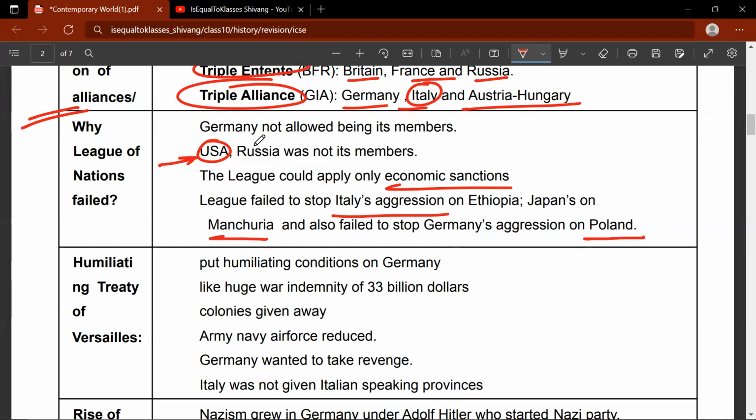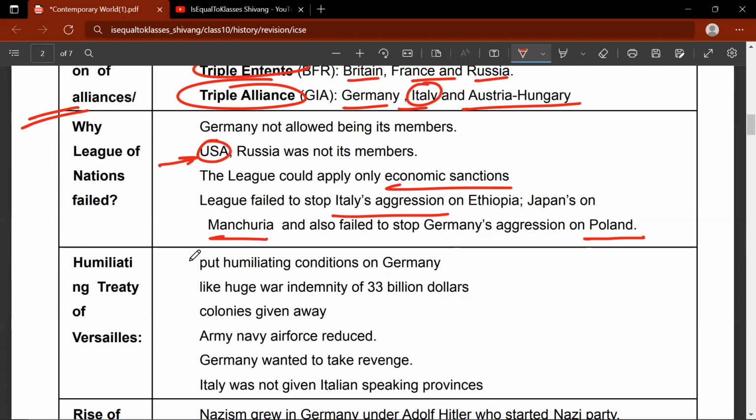If you look at the United Nations today, it consists of all major world powers, the US, China, Russia, France, etc. So it adds some credibility and fear so that it maintains the global order. But when the USA did not join the League of Nations, then that credibility, that belief in the League of Nations failed.